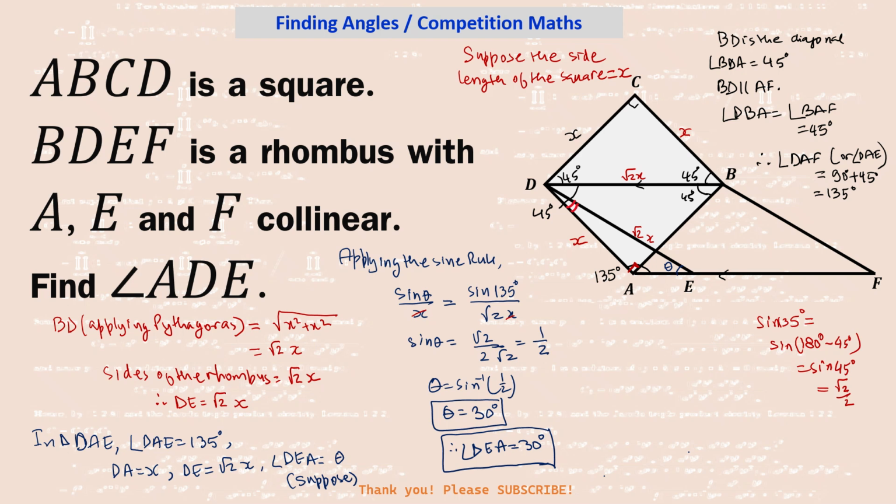Angle ADE is equal to 180 degrees minus 135 degrees plus 30 degrees, that is 180 degrees minus 165 degrees, and that is equal to 15 degrees. And the answer is 15 degrees.